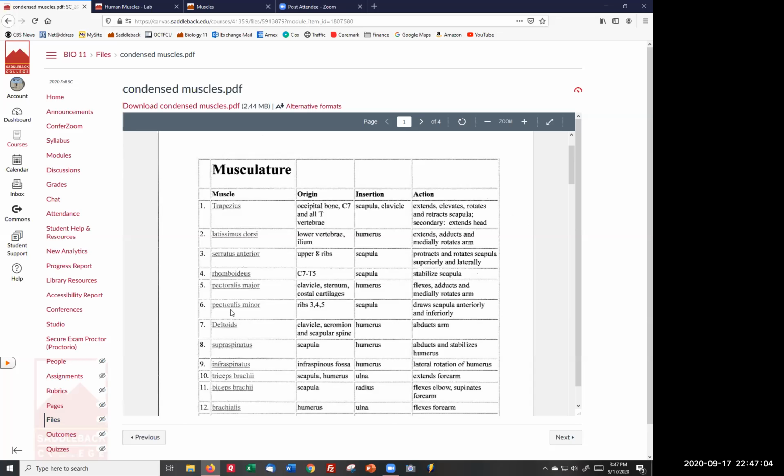The pectoralis minor. You probably don't know what it looks like yet, but you will. I would say, name this muscle, and then I would give you 4 or 5 choices, one being pectoralis minor. That's if I only wanted to know the name of the muscle.